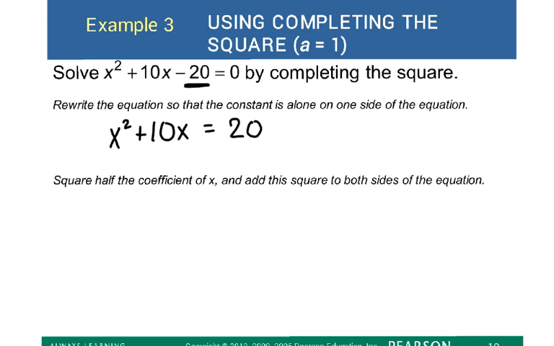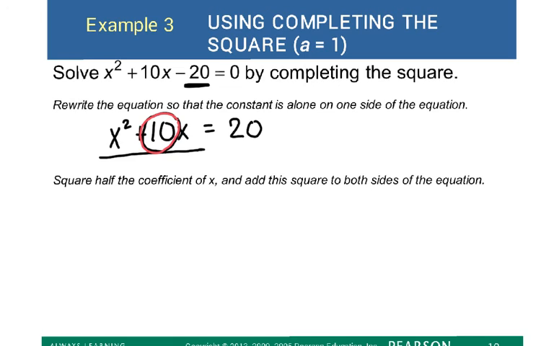Now, the next step, we're going to add to both sides of the equation another term. And how we come up with this term, so we can have what's called a complete square on this side of the equation, is we take half this number here, the coefficient, and take half of that and then square it.